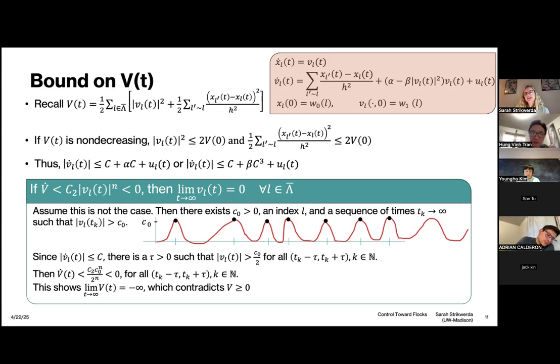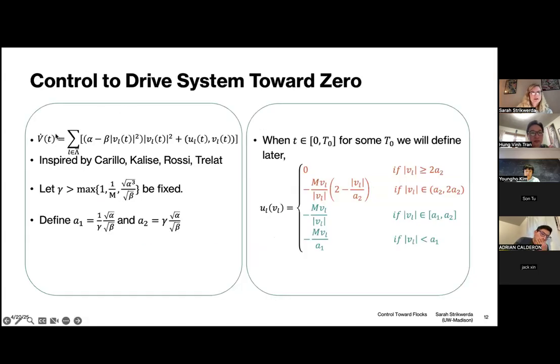We said that our first step was to get us from our original configuration to a point where the velocities were close to 0. And so what we did to do that is we used a control that was inspired by this other paper. So it's not necessarily the most direct one, but it has some advantages if this were an actual control problem.